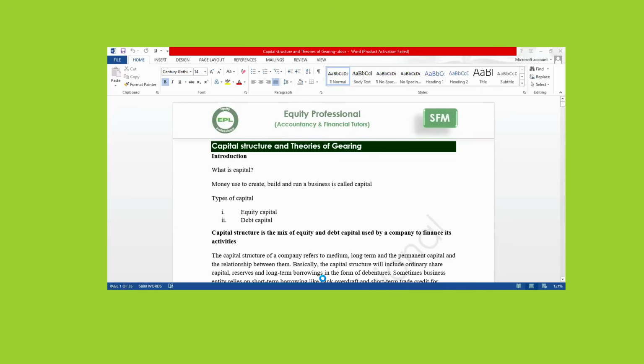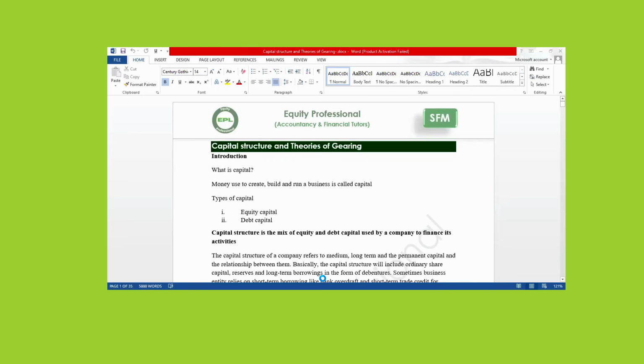What is capital structure? Why are we interested in companies' capital structure? The capital structure is the financial structure of a business.